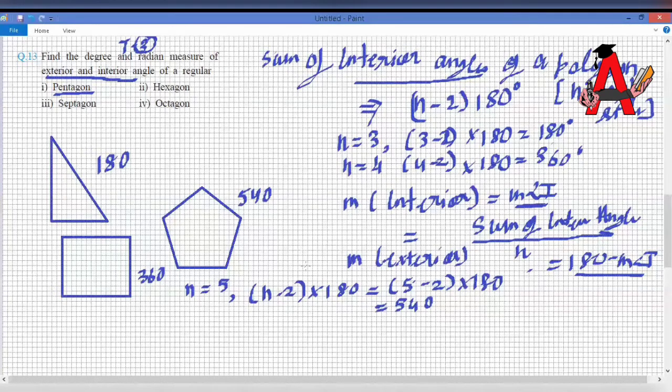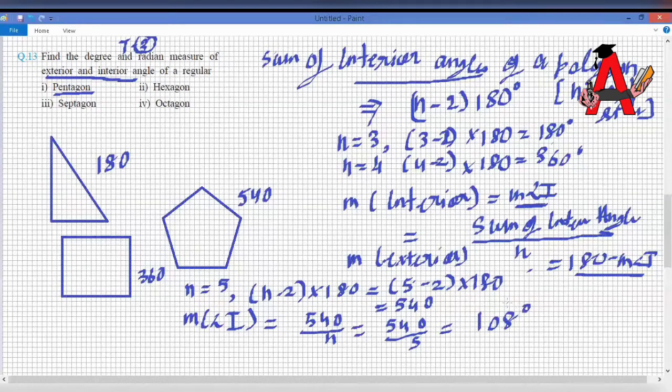Now I told you measure of the interior angle. Measure of interior angle of a pentagon, suppose I take it as I, will be equal to the sum, which is 540, divided by number of sides. That is, I'll use this formula: sum of the interior angles upon n. So this will become 540 upon 5, which will be equal to 108 degrees.